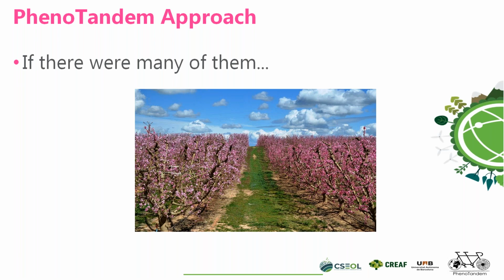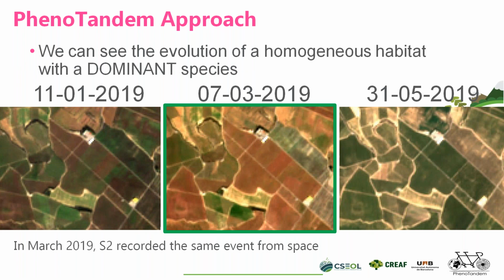So in principle, that should be visible from space. And if you try it in that particular spot, you really see changes in the color of the image that reflects the status of this particular field.